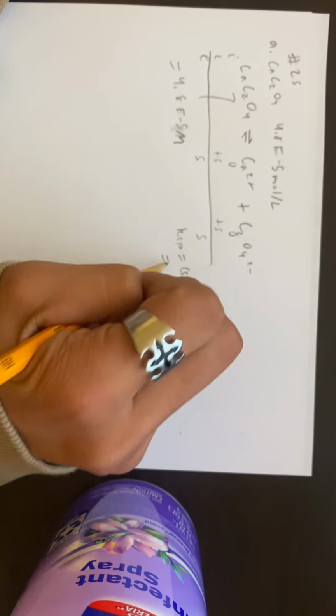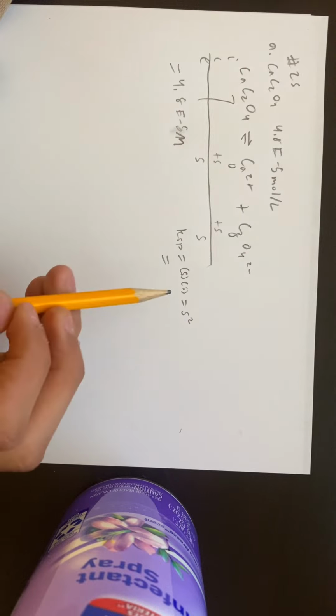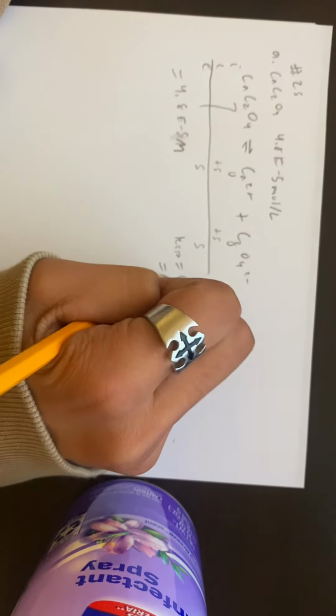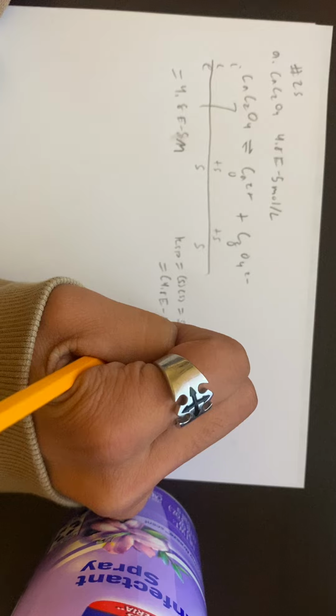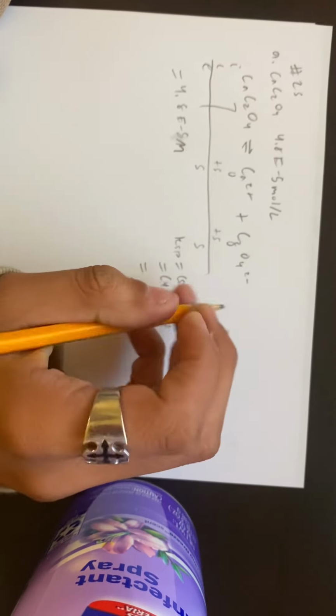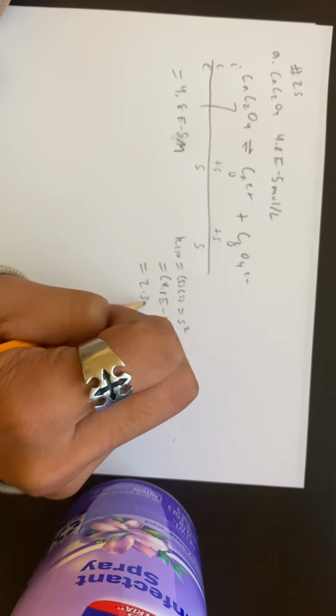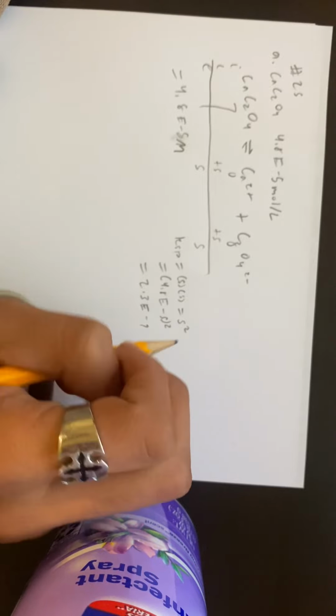So if we substitute 4.8 E-5 for S, we get 4.8 E-5 squared, and that is equal to 2.3 E-9.